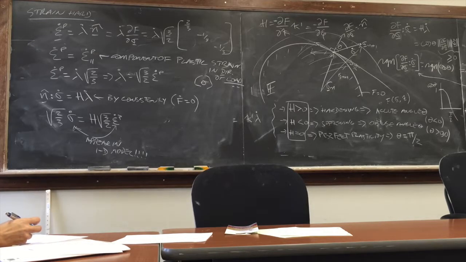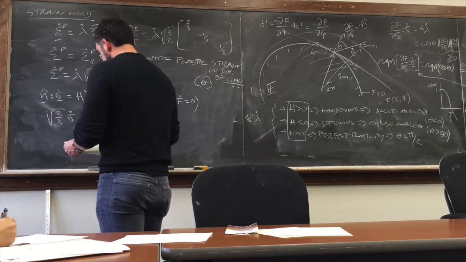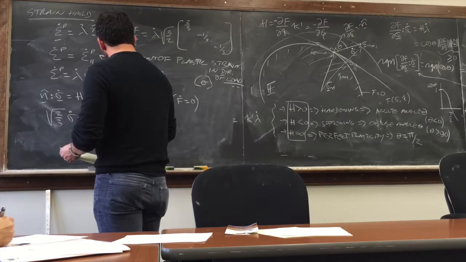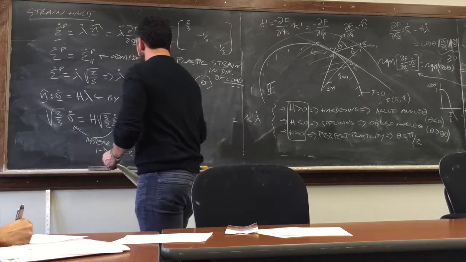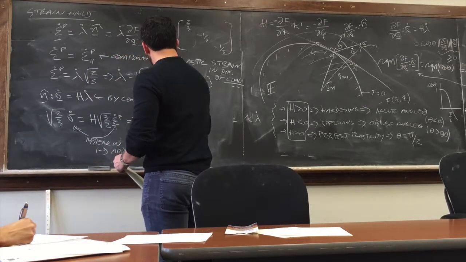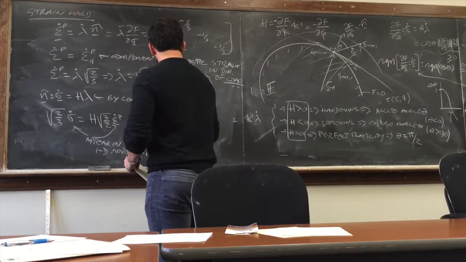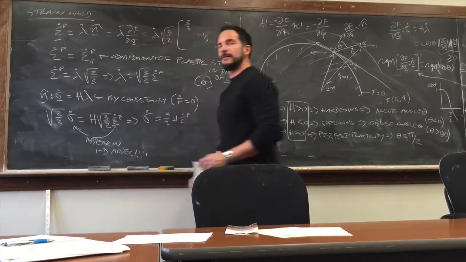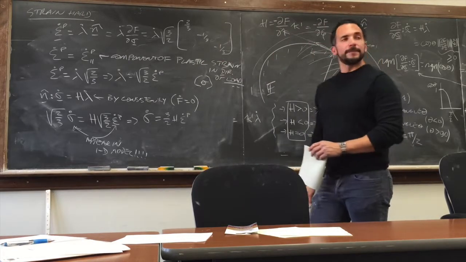Okay, but now they're playing a game here in our three-dimensional model. So when we move things around, we get that sigma dot equals 3/2 H epsilon dot p, don't we? Okay?